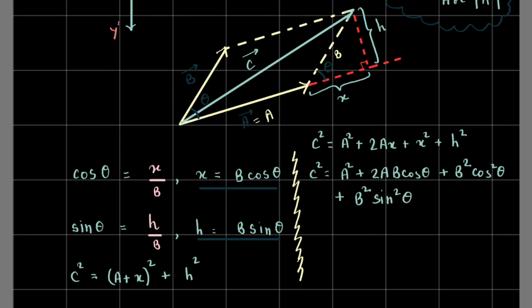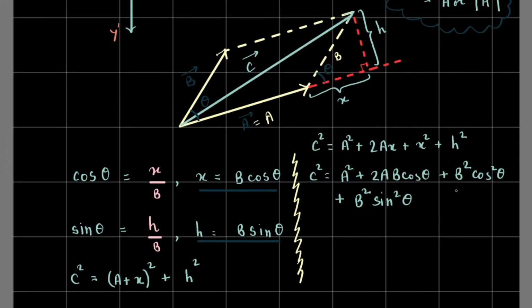Now we take b square common and put it in brackets: a square plus 2ab cos theta plus b square, sin square theta plus cos square theta.